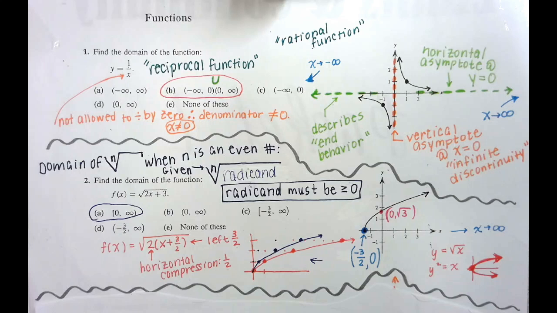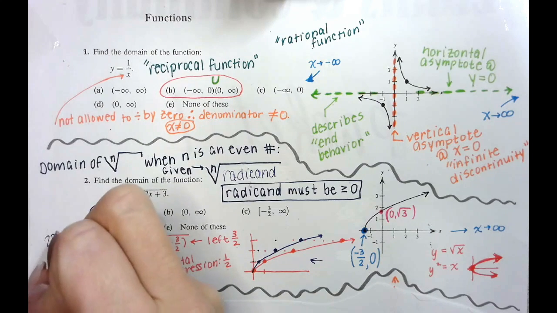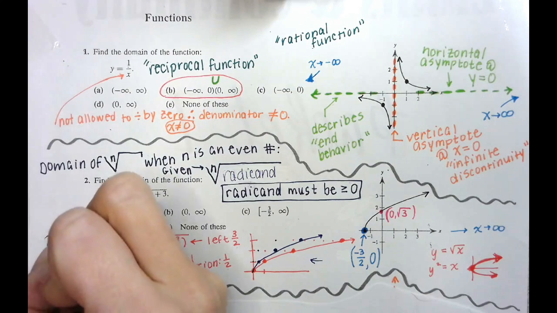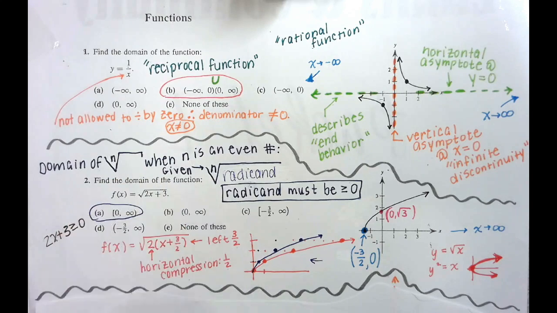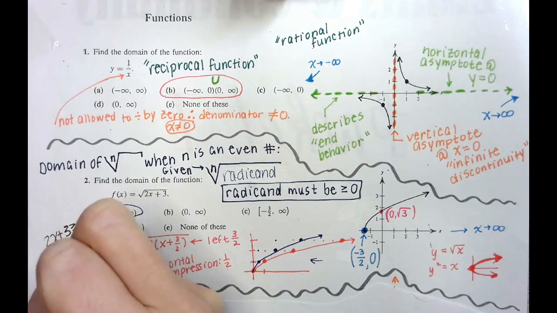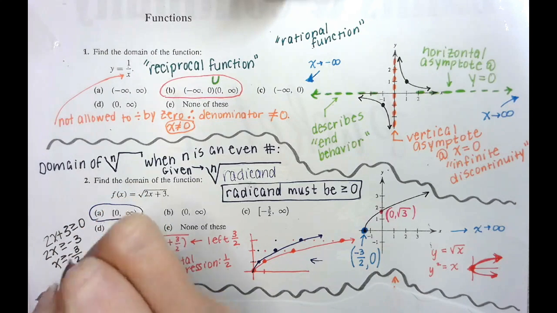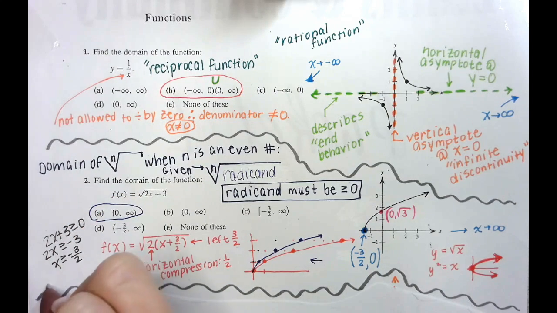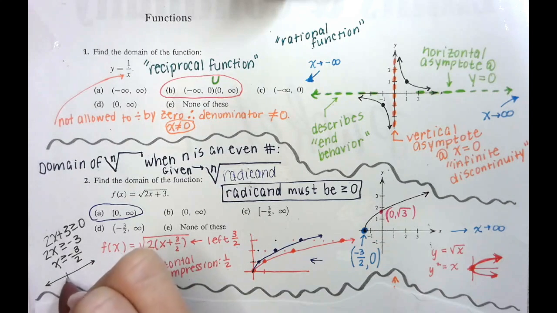So to solve algebraically on the side, if you were just trying to gather that information, in this case it's linear, so you can just take that linear expression, 2x plus 3, set it greater than or equal to 0 and solve for x. So 2x must be greater than or equal to negative 3, so x is greater than or equal to negative 3 over 2.